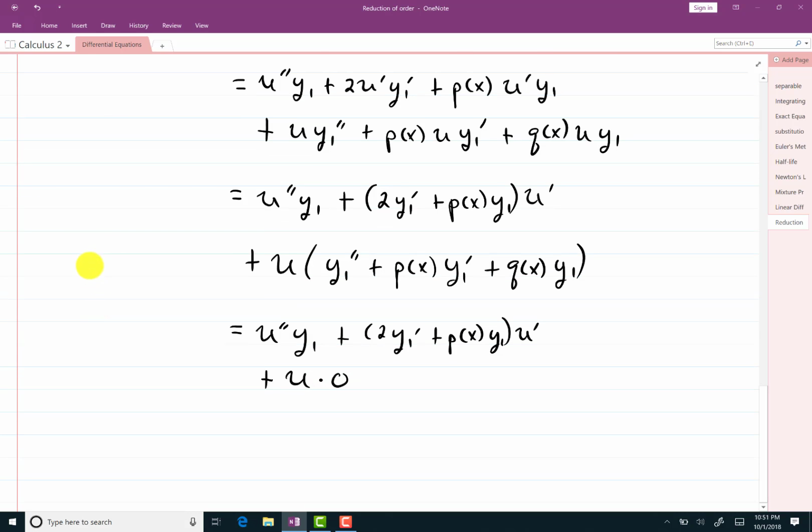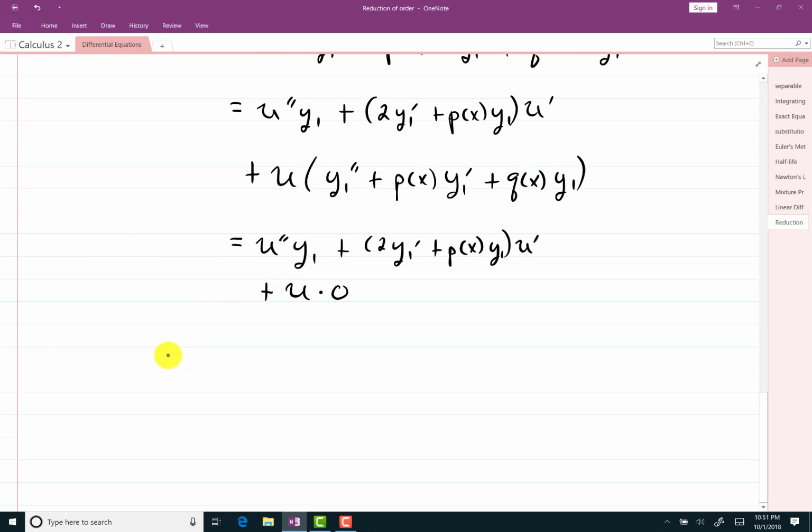So if this were equal to 0, here's what we would end up with. Keep in mind, 0 because y1 was assumed to be a solution. All right, now here's what we're going to have left. I'm going to put my y1 in front of there. And what was left is this all equals 0. Now I'm going to divide by y1.